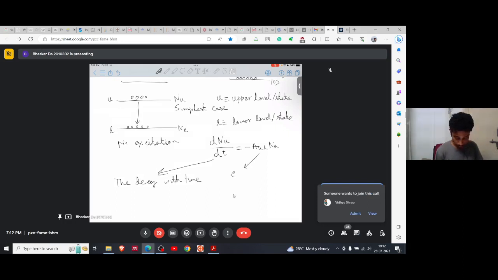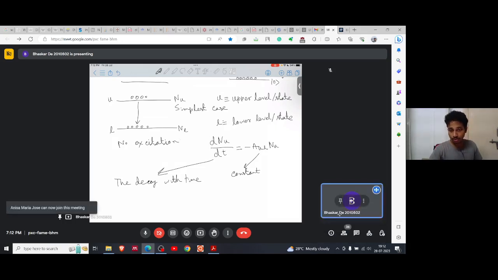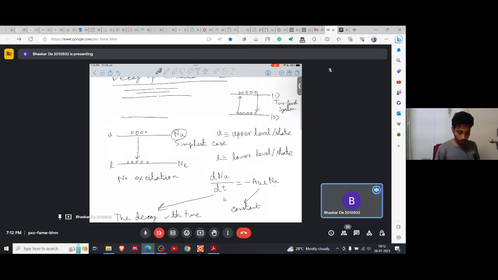Aul is a proportional constant, and Nu is the population of the upper level. So the decay only depends on the population of the upper level. The more the population in the upper level, the faster the decay.